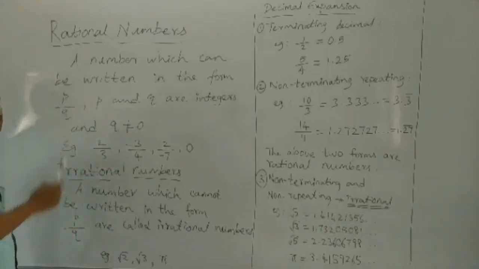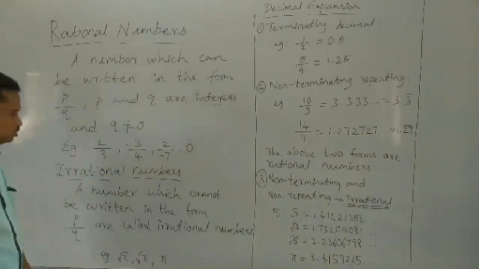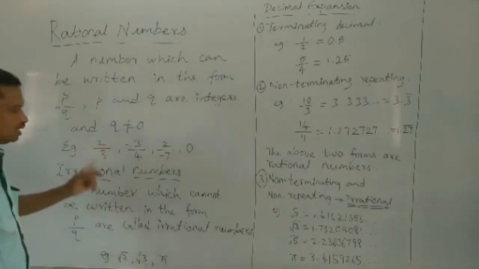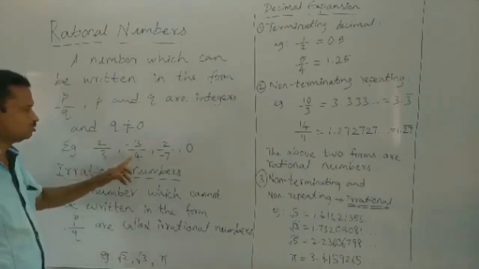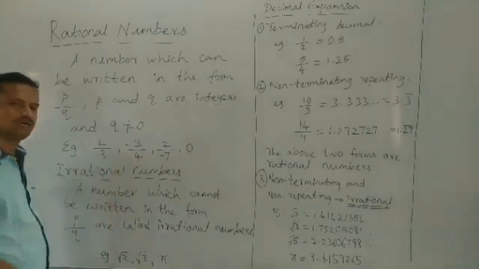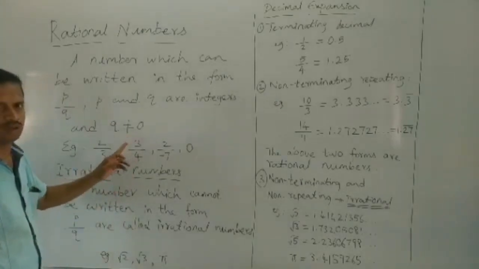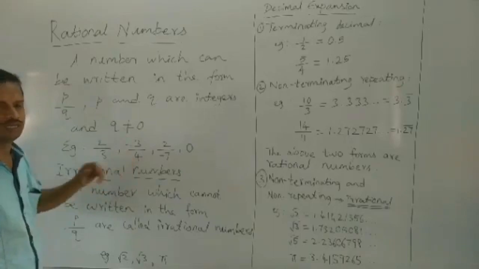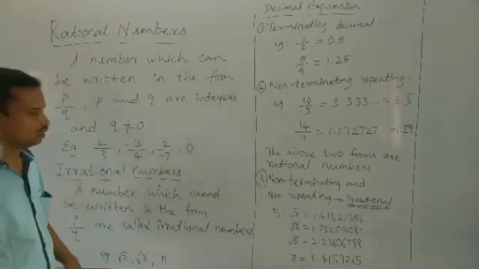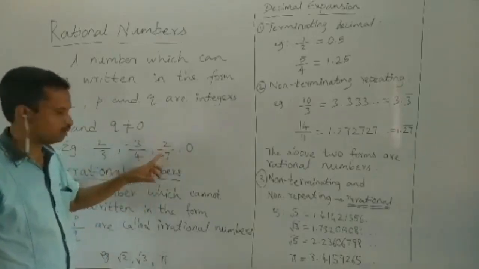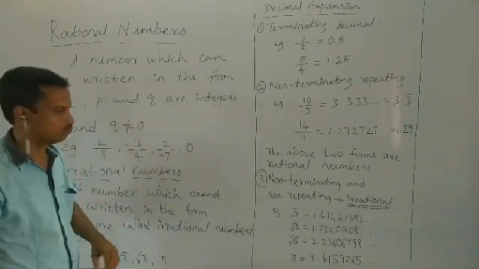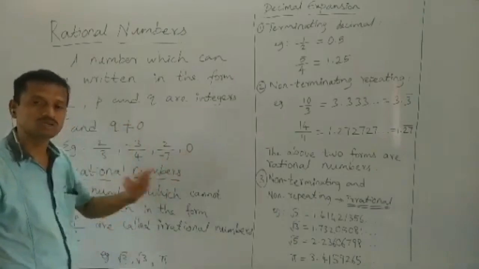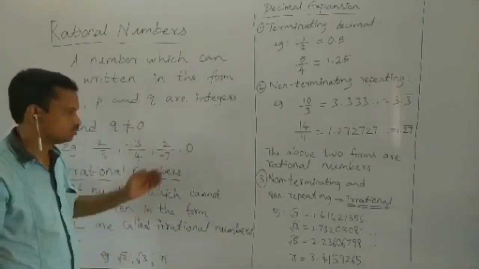Examples: 2 by 3, integer by integer, so it is a rational number. Minus 3 by 4, negative in the numerator and positive in the denominator. 2 by minus 7, positive integer by negative integer. Anyhow, integer by integer, so it is a rational number. And 0 is also a rational number, which we will see later.